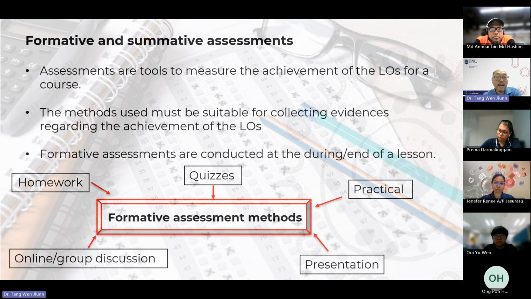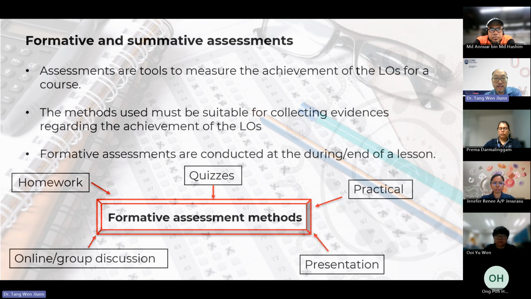So most of the time, we only think about written tests, because that's the easiest way to gather the data, but that's not the only way. We can collect the evidence depending on the nature of the course.